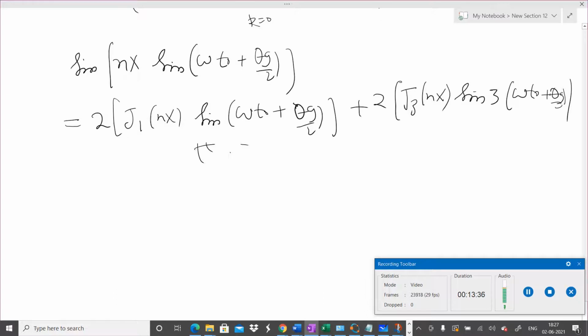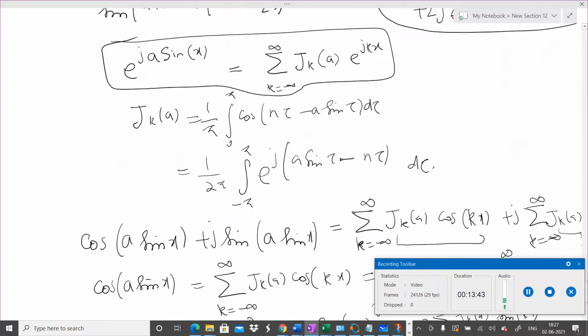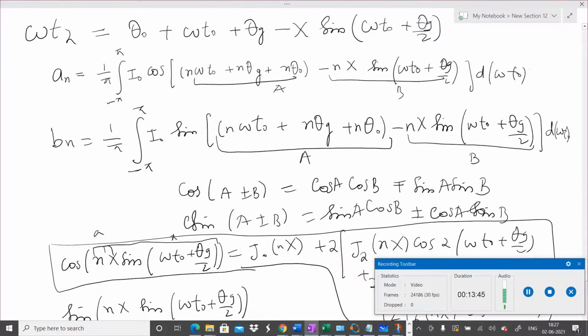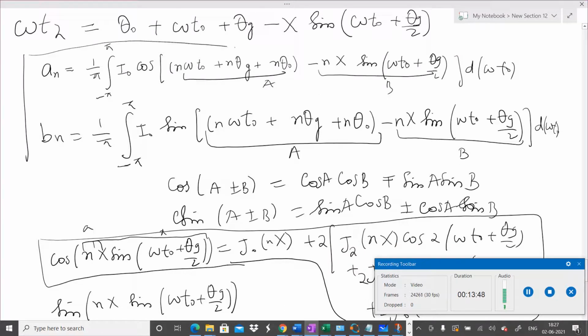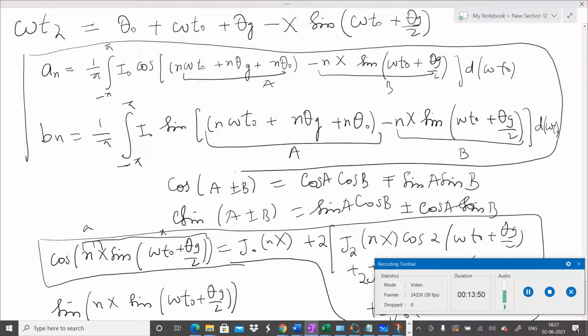So when these are substituted into the integral, we come back to what we were computing. We have these two coefficients we want to compute, and after we expand them with cos of (a minus b) and sine of (a minus b), we will get integrals of cos of x sine omega t naught and sine of x sine omega t naught, which can be expanded in terms of Bessel function.